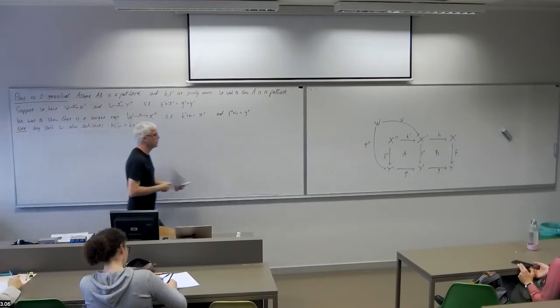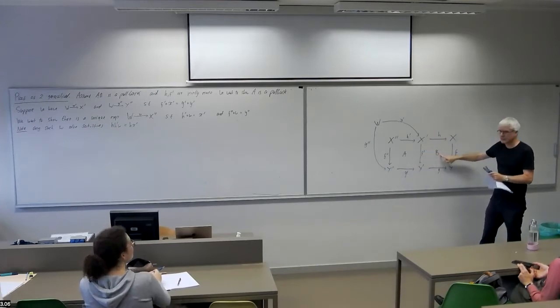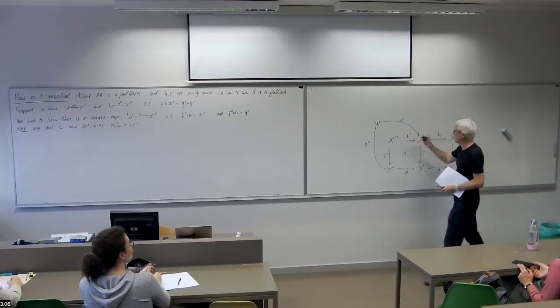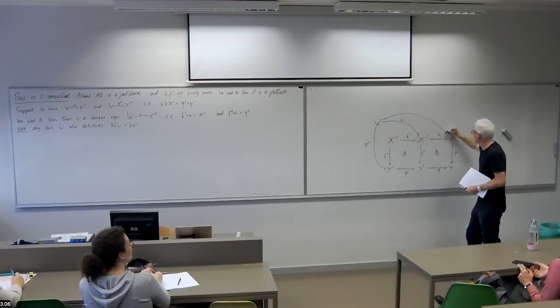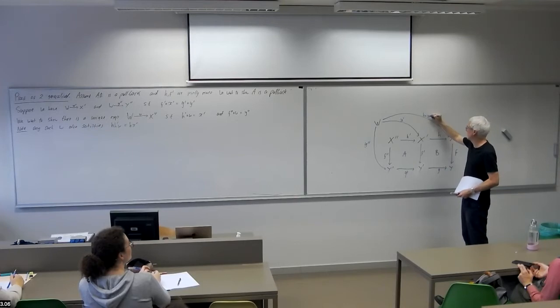Now, we're going to use the property that AB is a pullback. To use that property, we need a cone for AB, but we have such a cone, because we'll consider here just the map from W to X that we already have, namely H composed with X prime.